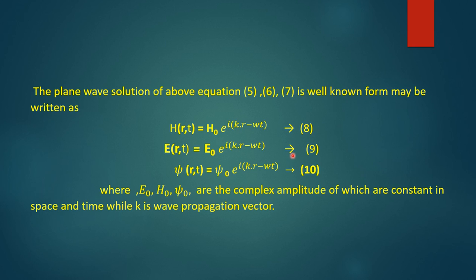This is equation 9. And psi of r comma t is equal to psi naught e to the power i k dot r minus omega t. This is equation 10, where E0, H0 and psi 0 are the complex amplitudes which are constant in space and time, while k is the wave propagation vector.